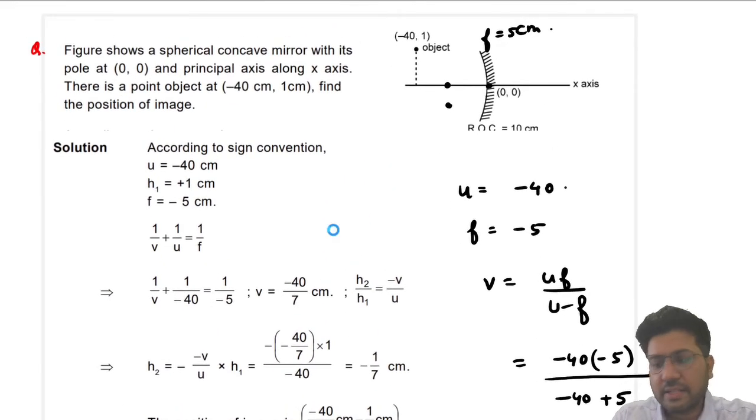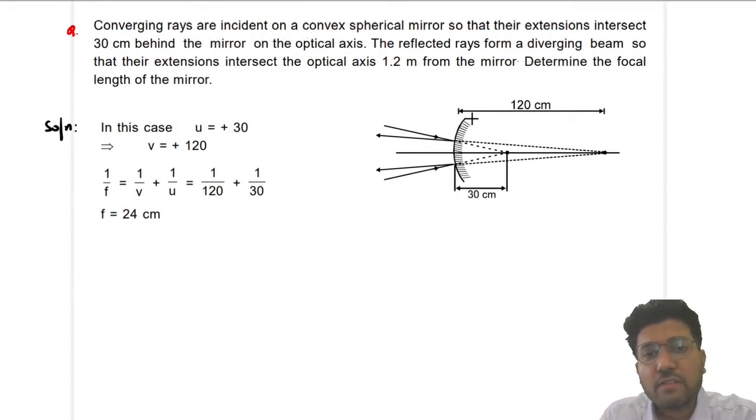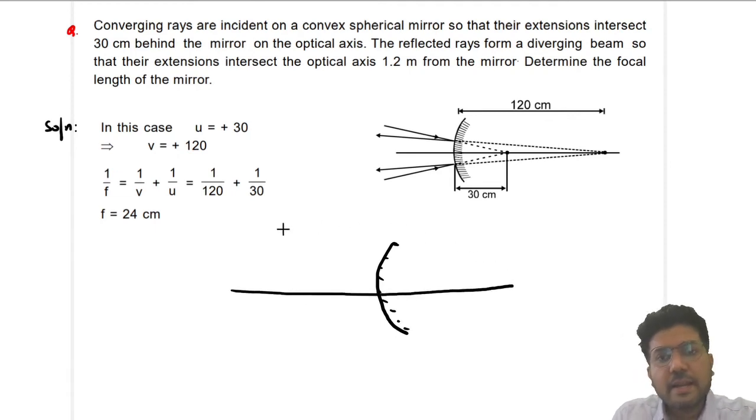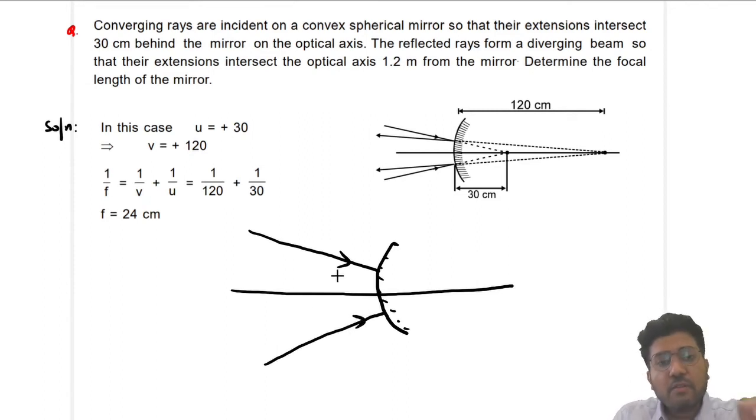Now let us look at the next question. In this question it is given that converging rays are incident on a convex spherical mirror. So you have a convex spherical mirror, right? And converging rays are coming and incident on the mirror surface. If a converging ray is coming and this converging ray is intercepted by this mirror, that means this time the object is virtual.